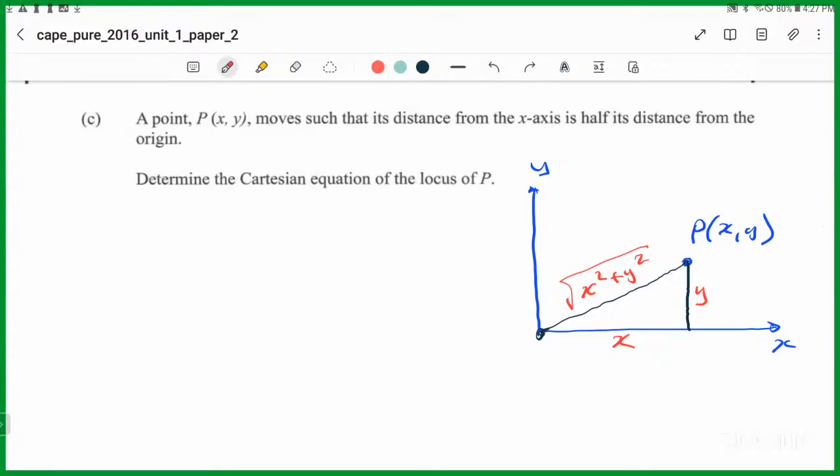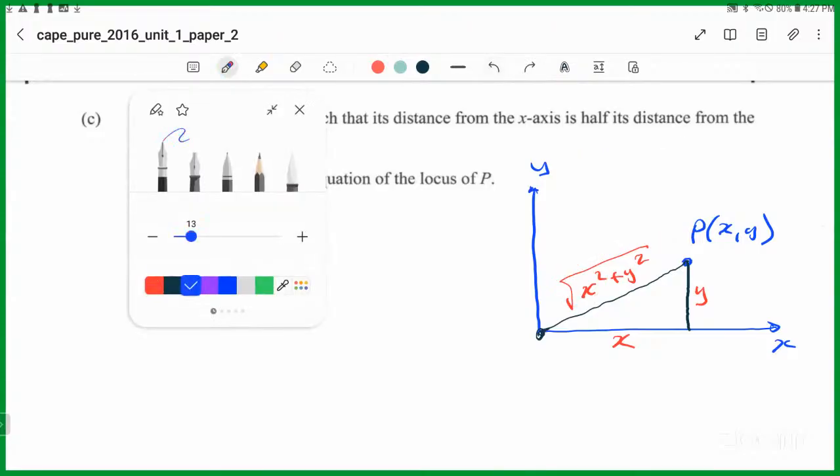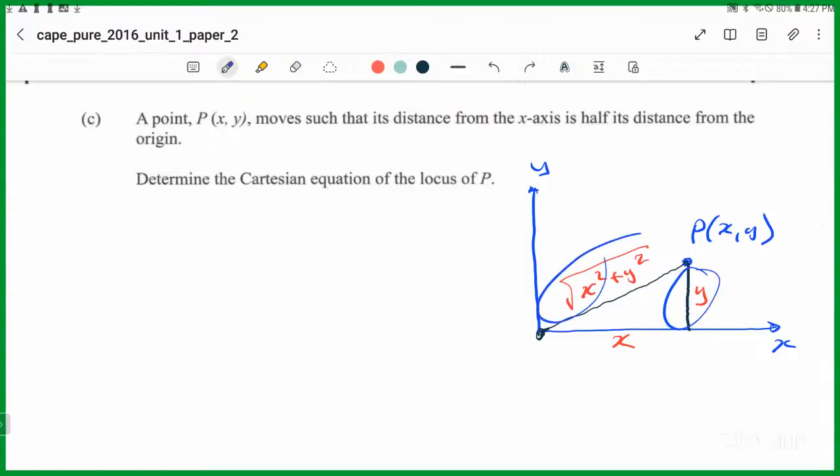Point P moves such that the distance from the x-axis, y, is half the distance of this. So basically what they have said is that y is half this distance.